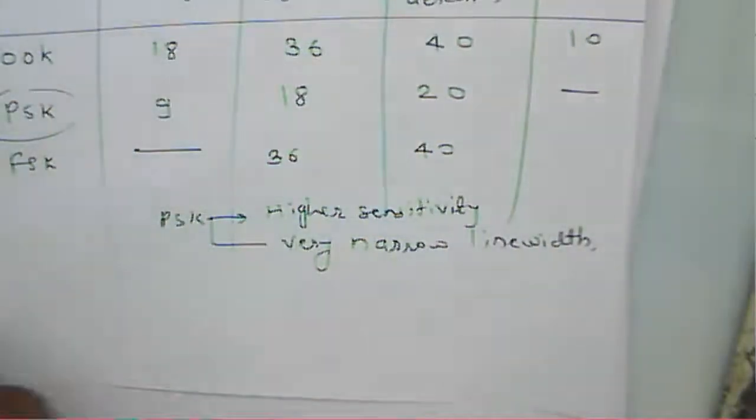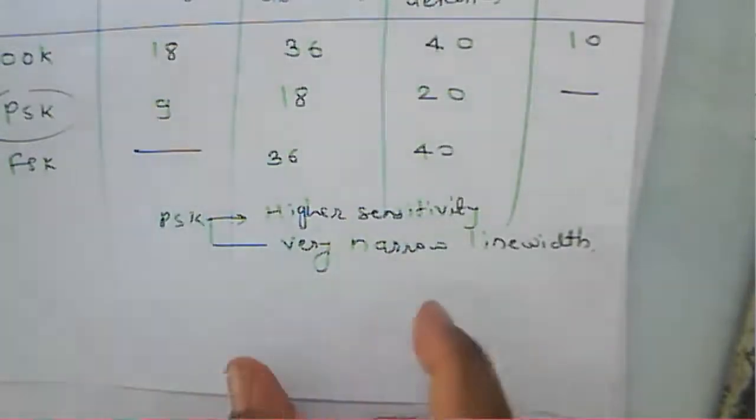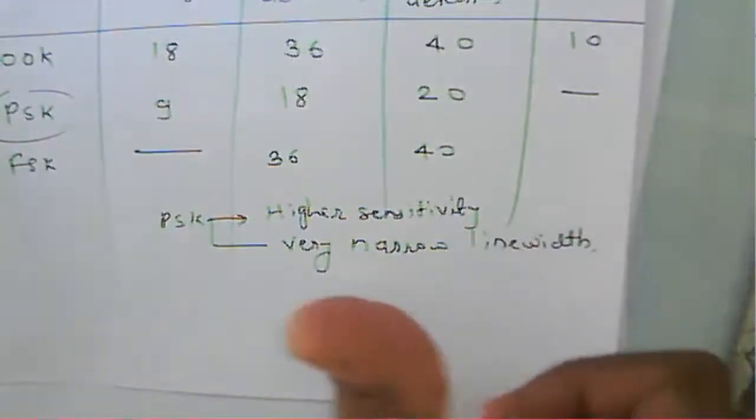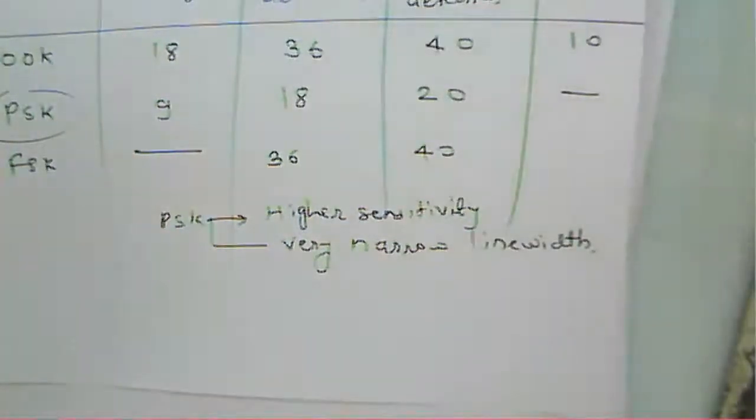That is about the linewidth, or we can say narrow sources in terms of wavelength.